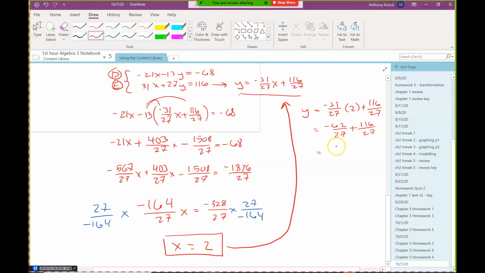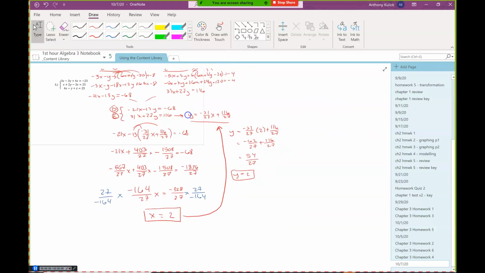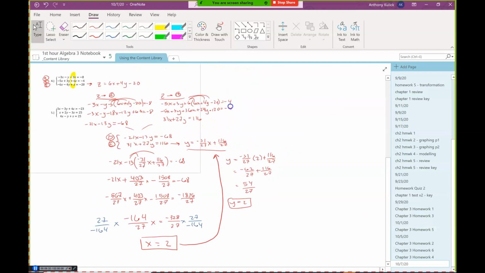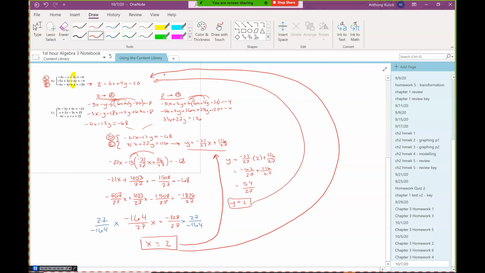And negative 62 plus 116 is 54. And that reduces down to 2. And now that we have these, we're going to go and plug them back in here for z.